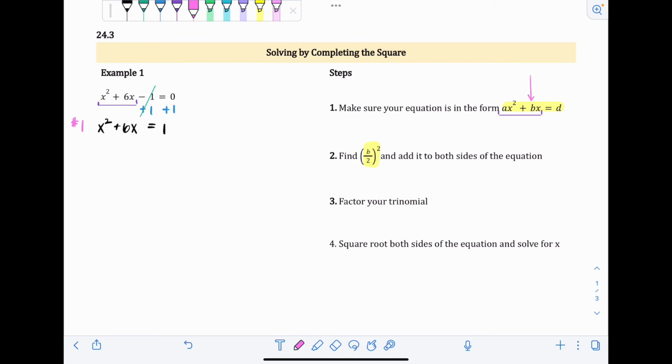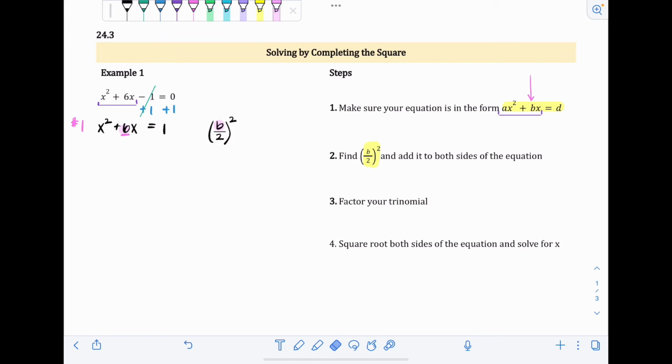B is always the coefficient of x when it's in standard form, or this form that's a variation of standard form. So we look for the number that's in front of x, which is 6. That's our b, which is 6. So then I take that and I use this little formula, b over 2 squared. I put that 6 in there.